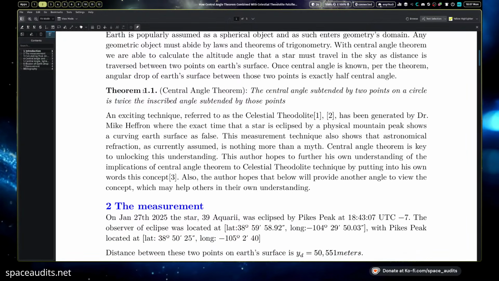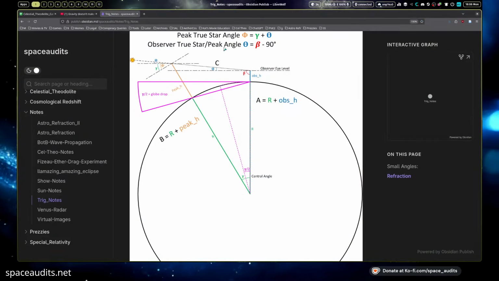Theorem 1-1 for central angle. The central angle subtended by two points on a circle is twice the inscribed angle subtended by those points. What that means is basically these two lines that are subtending the circle, half of that is the inscribed angle, and that is like a proportional ratio statement, essentially.